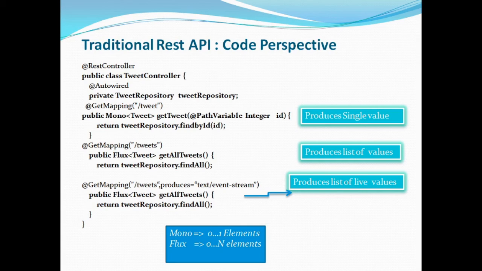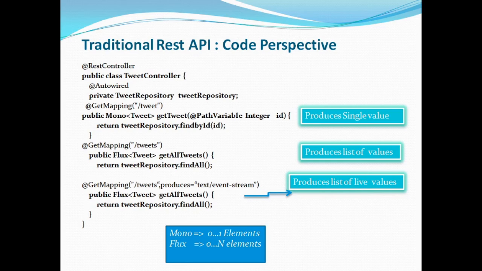If a method is going to produce one single object, we represent it with the Mono type. And if an endpoint is going to produce a list of values, we can represent it with the Flux type. Flux also can produce live information, like a list of values.